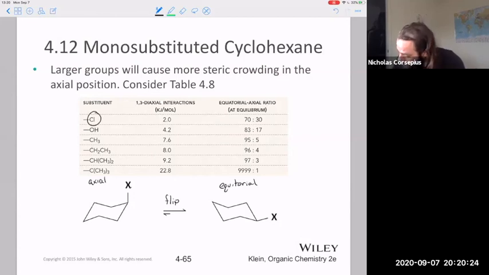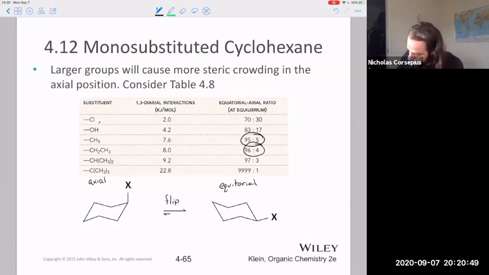At equilibrium, you're going to get a 70-30 distribution of equatorial to axial. So over here is 70, over here is 30. When you make it an OH group, all of a sudden you get 83 to 17. We saw our methyl group was 95 to 5. With an ethyl group, the bigger it is, the more it favors equatorial.